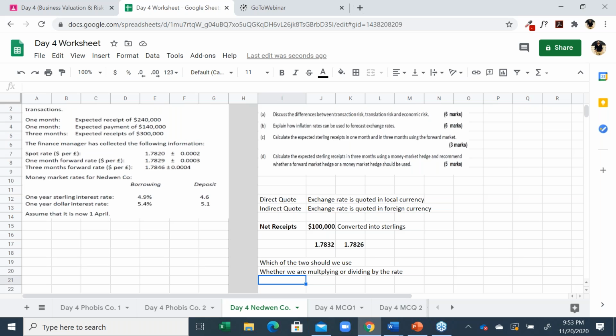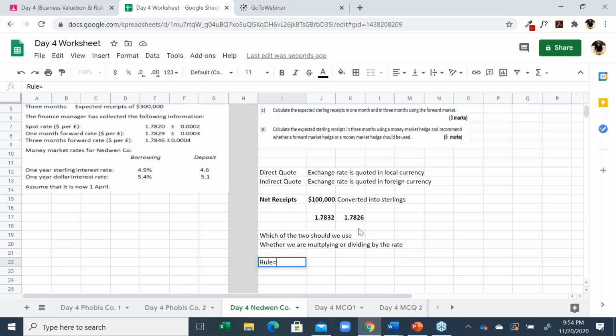My question to all of you is, in which currency have these rates been quoted? These rates have been quoted in dollars, right? And in which currency are we converting? Pound sterling.